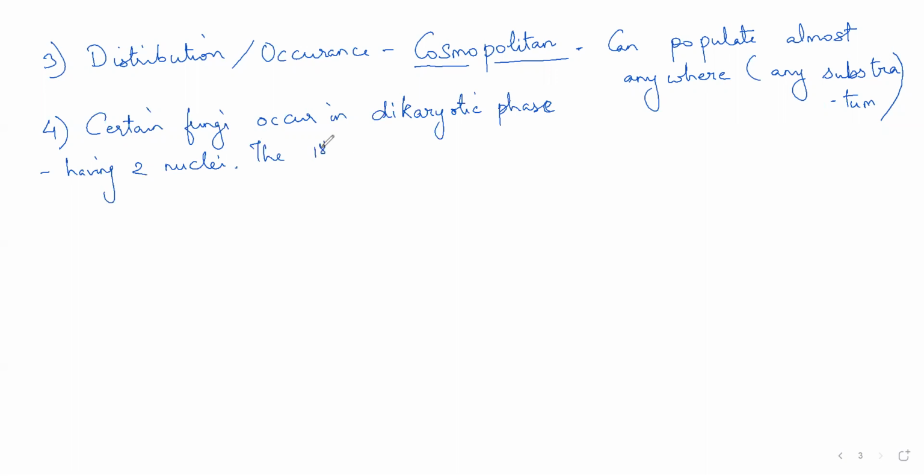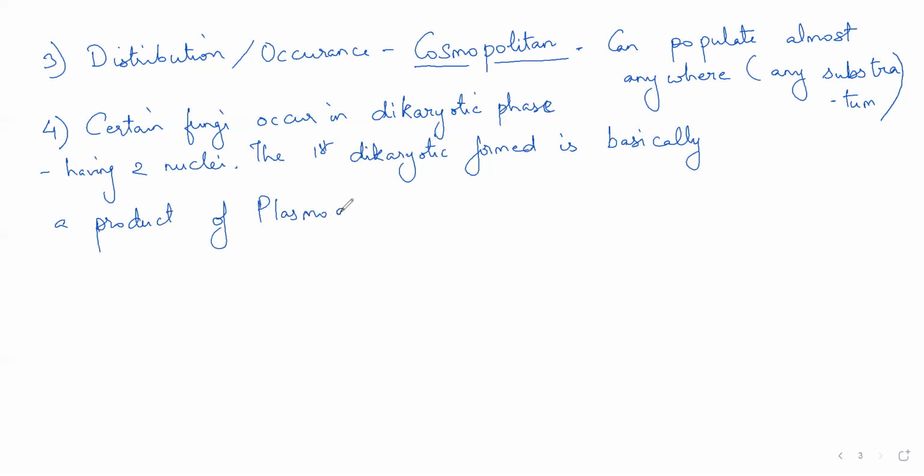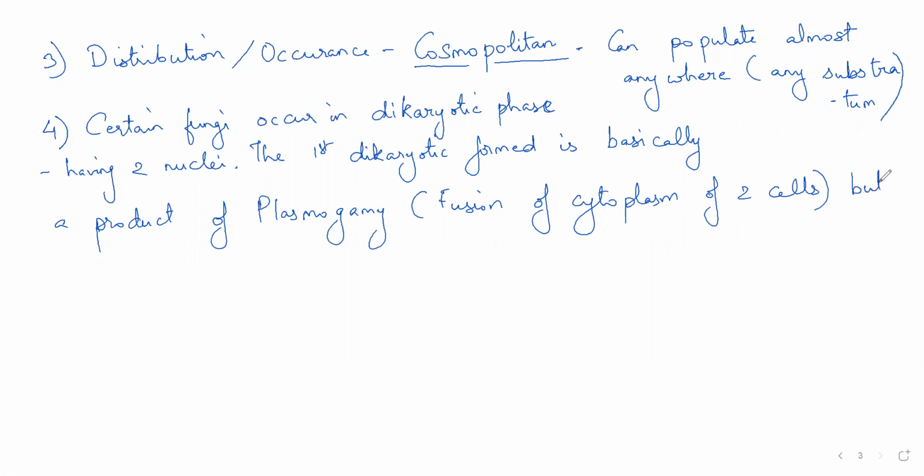The first dikaryotic cell formed is basically a product of plasmogamy, that is, fusion of the cytoplasms of two cells, but lacking karyogamy.